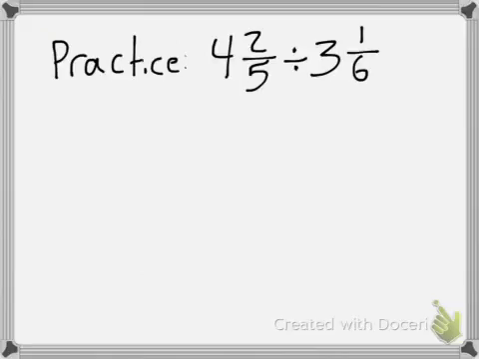Now go ahead and try this problem. Pause the recording if you need help, or if you want to try this on a piece of paper. If you need help, go ahead and rewind the recording to relearn how to divide mixed numbers.